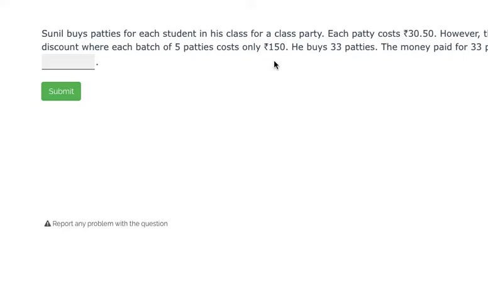Then 5 into 6, that equals 30. You have to keep the 0 down and bring the 3 up. 3 carry over. And then 1 into 6 is 6 plus 3 is 9. So it's 900. No, sorry.